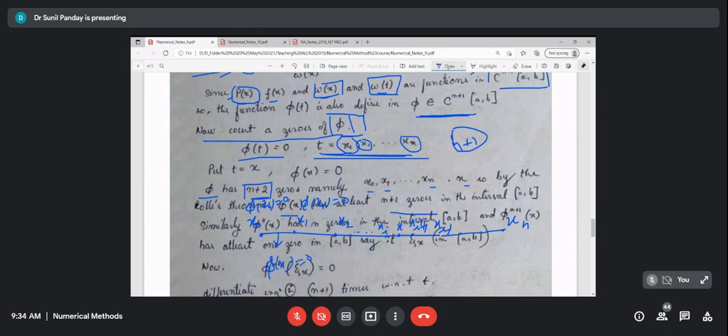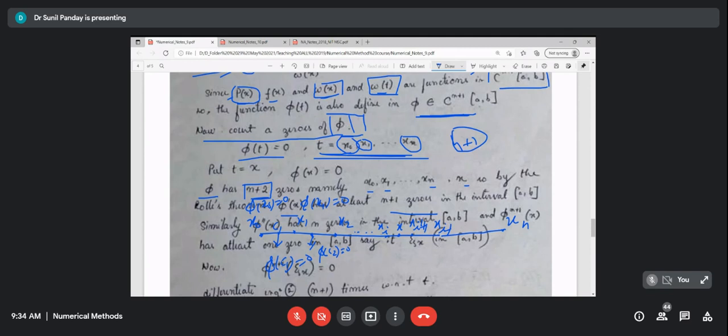There exists some point, you can say c_1 exists. Similarly, there exists one point by Rolle's theorem such that phi dash(c_1) is 0.